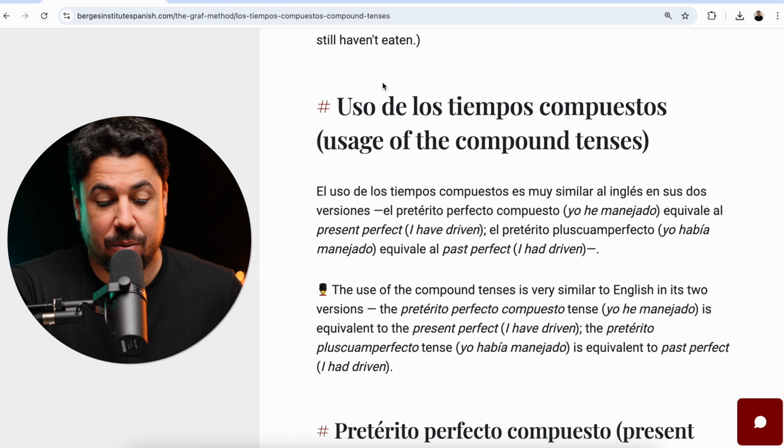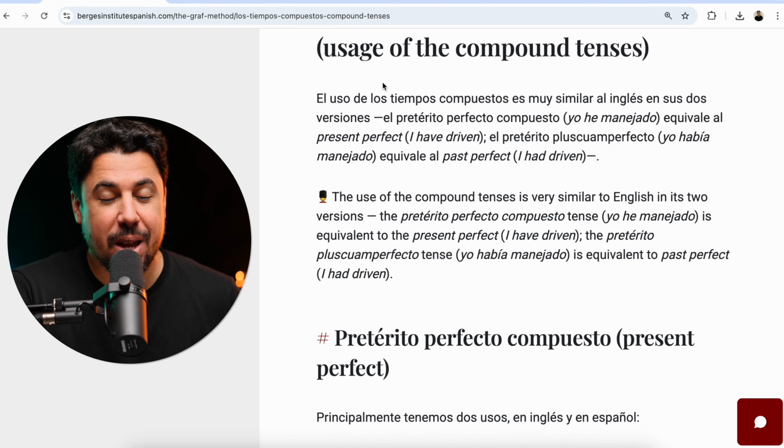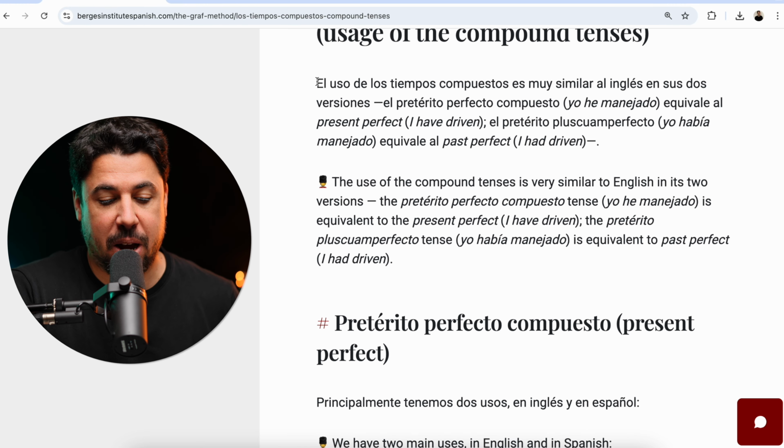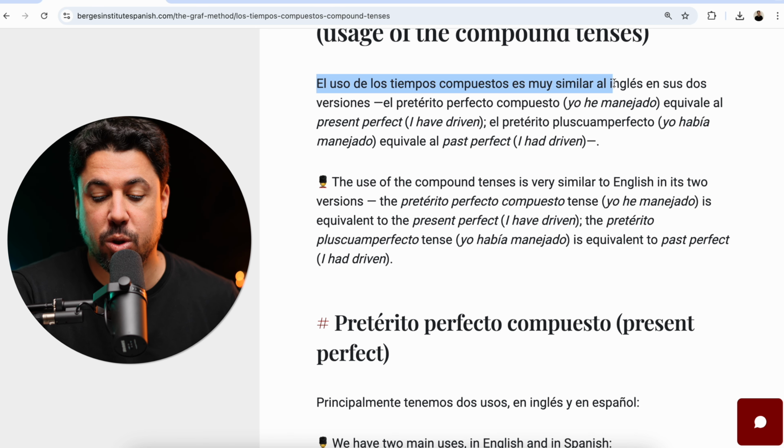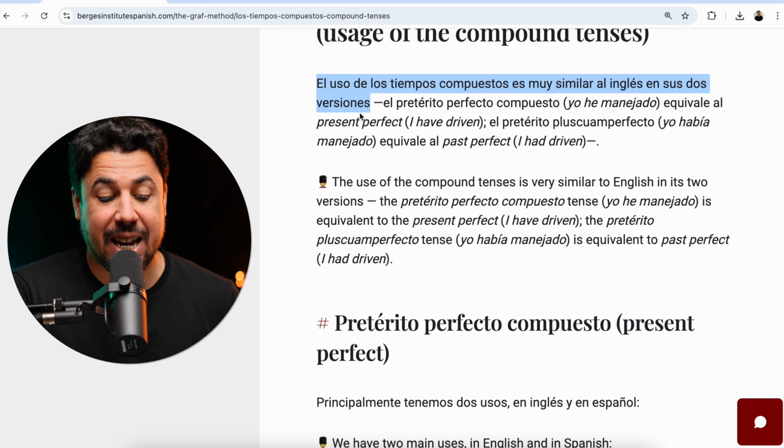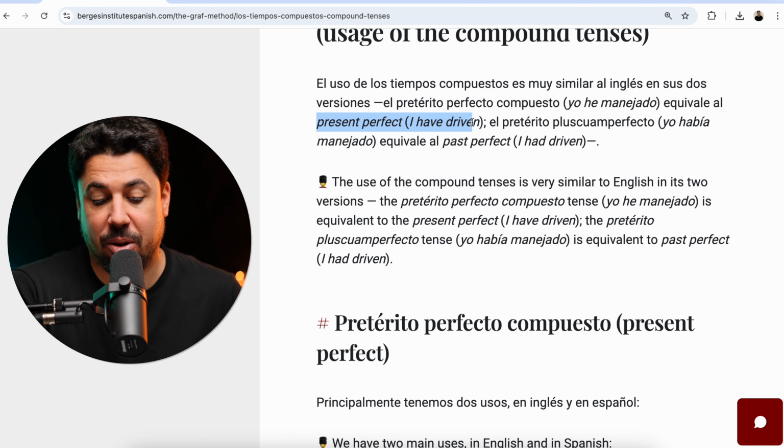And how do we use these verbs? So basically, it's the same in English and in Spanish. So it says in Spanish, el uso de los tiempos compuestos es muy similar al inglés en sus dos versiones. El pretérito perfecto compuesto, yo he manejado, equivale al present perfect, I have driven, it's the same thing.